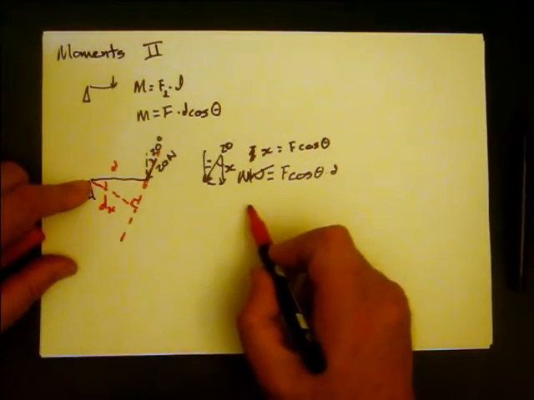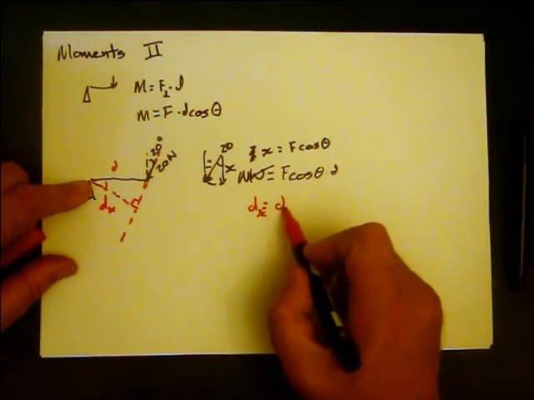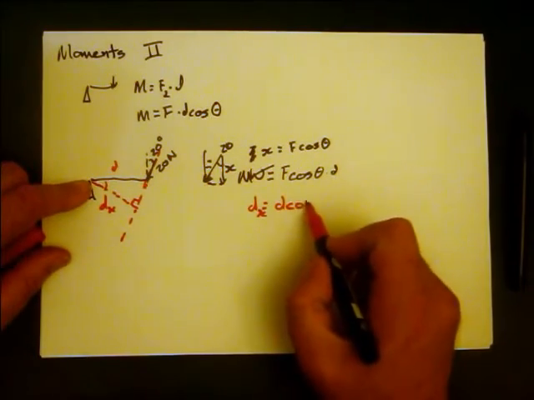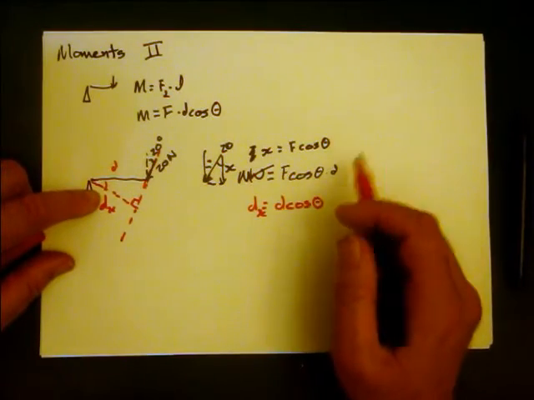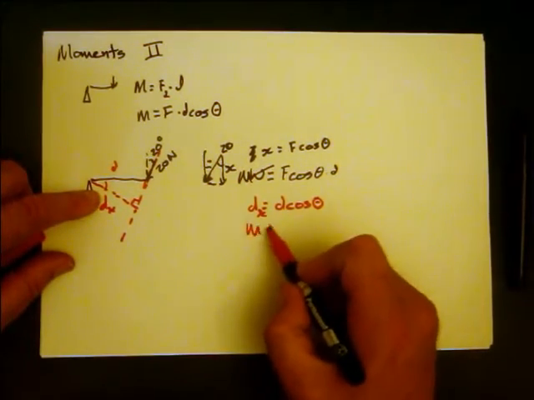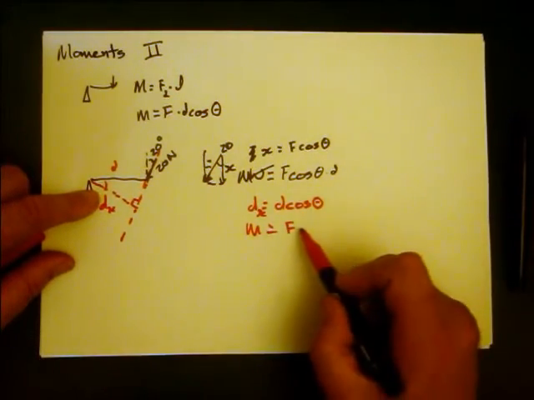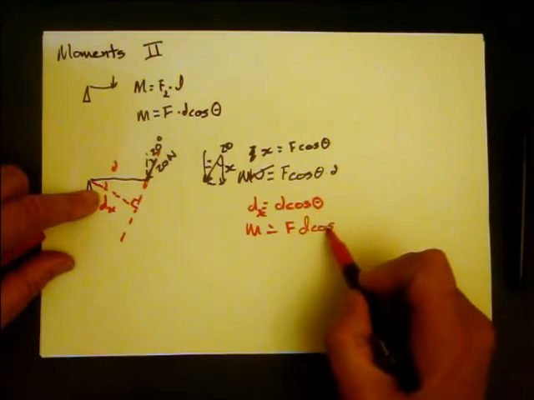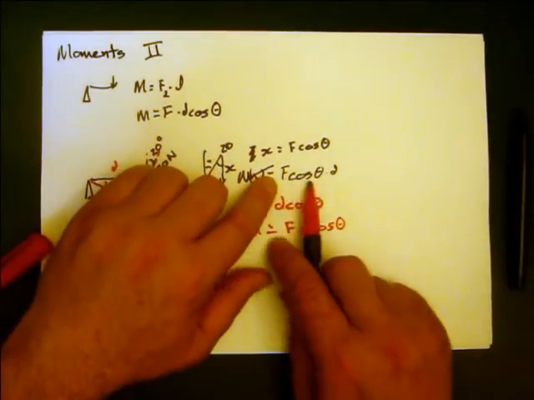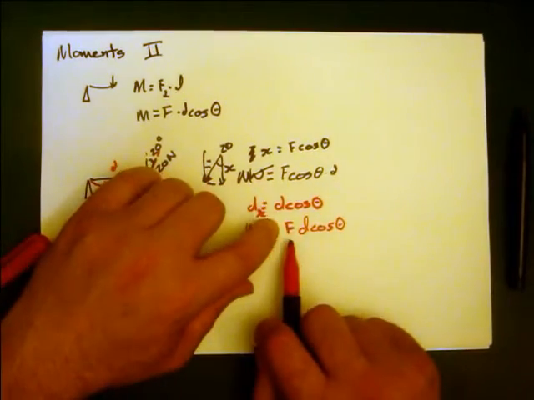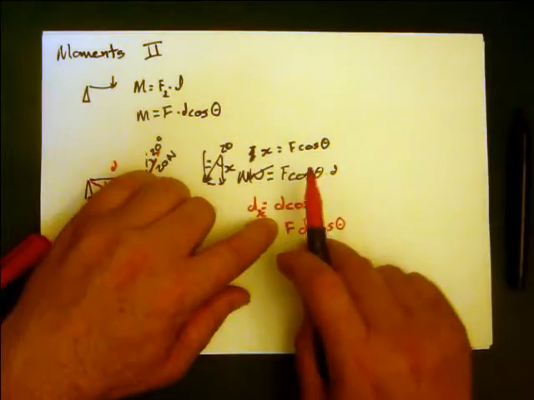So in this case, distance x equals distance cos theta. And so the moment is going to equal force times distance cos theta. You'll basically notice in both the versions of this, force cos theta d, force distance cos theta, they've both got a cos theta thing in.